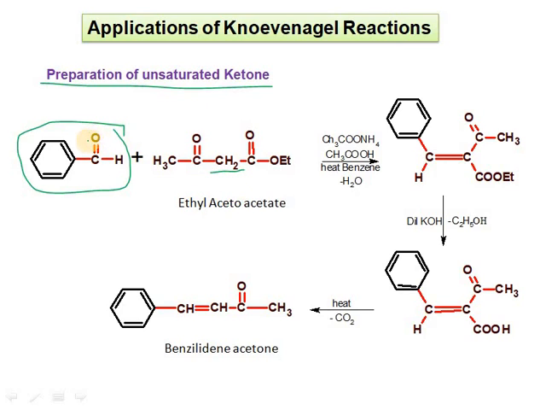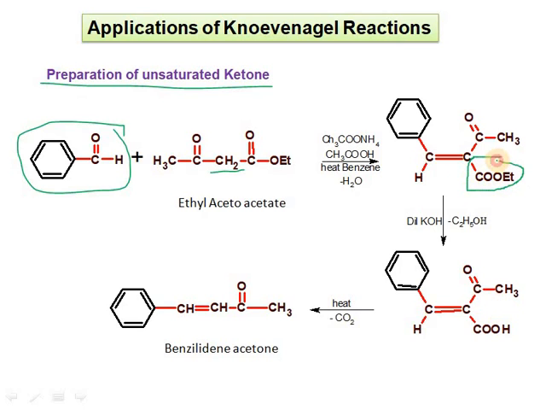In the Knoevenagel reaction, this oxygen and these two protons are replaced, and a carbon-carbon double bond is formed, right? After formation of the double bond by Knoevenagel condensation with dilute KOH, the dilute KOH is used for ester hydrolysis. The ester converts to acid, right?